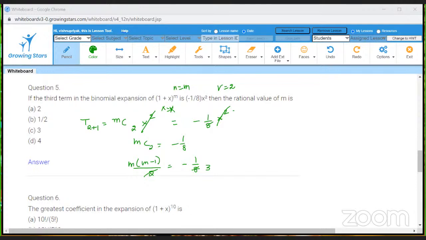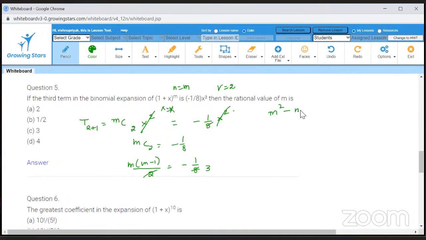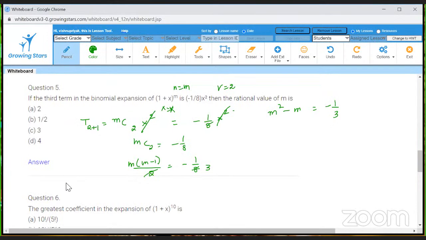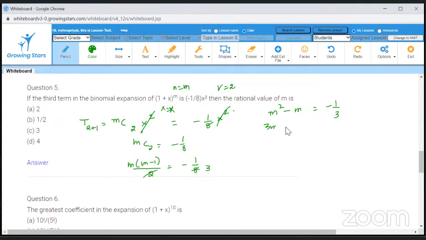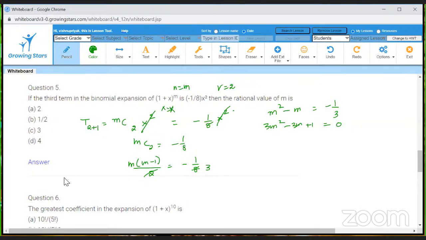If you multiply it, you will have m squared minus m equal to minus 1 by 4, or 4m squared minus 4m plus 1 equal to 0.